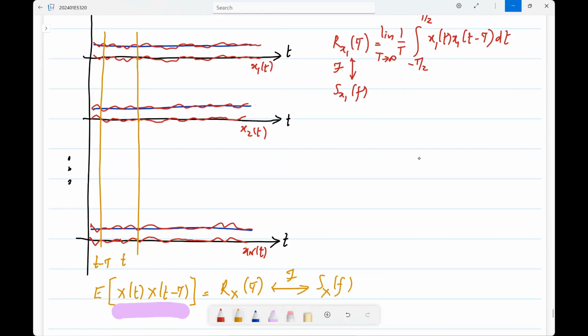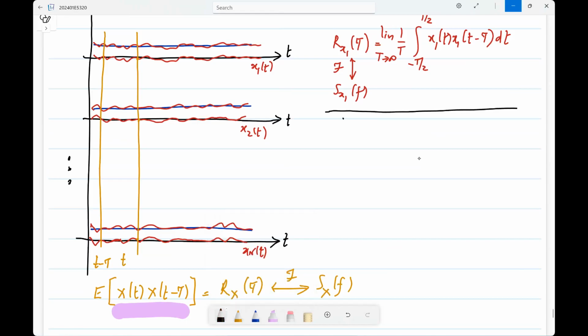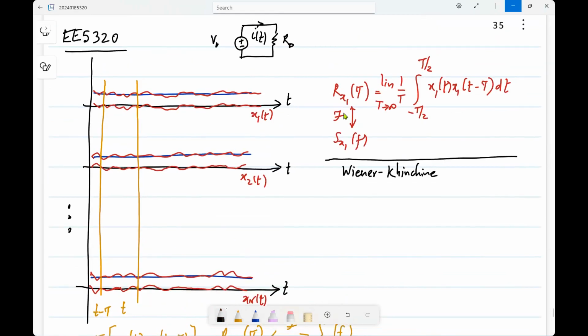Now, there is a theorem that others have worked out, thankfully. It's called the Wiener-Khinchin theorem. It states that, yes? No, this Rx1 is basically I'm just looking at the waveform x1 of t.